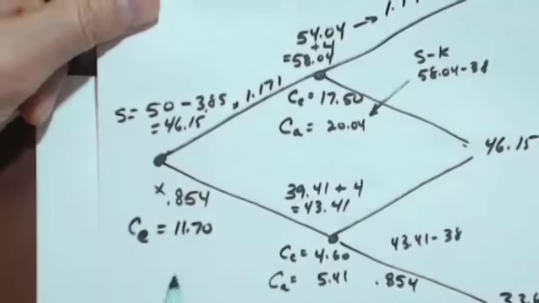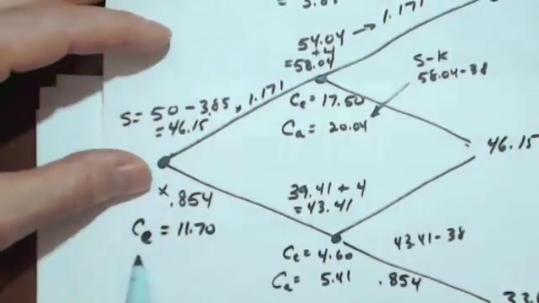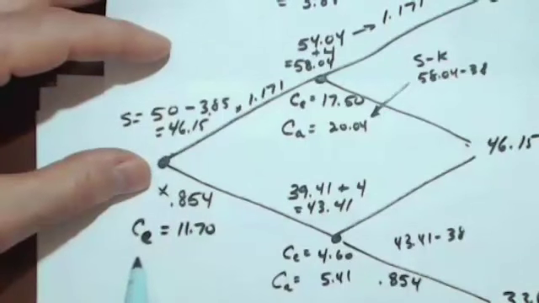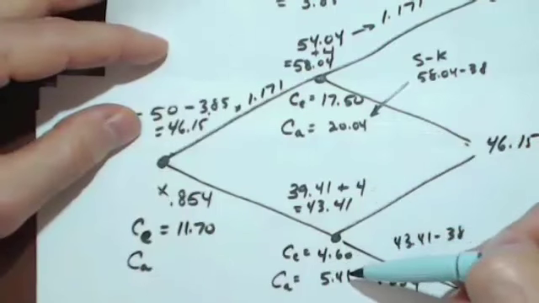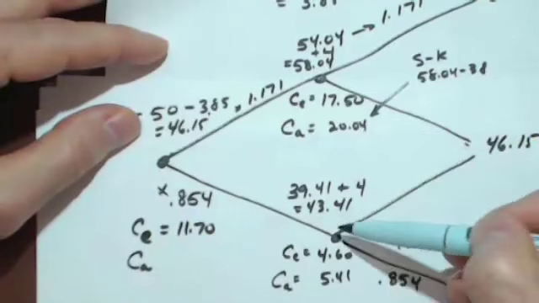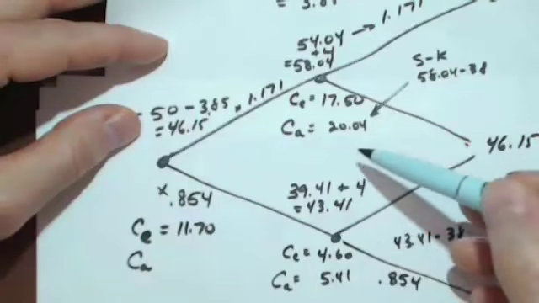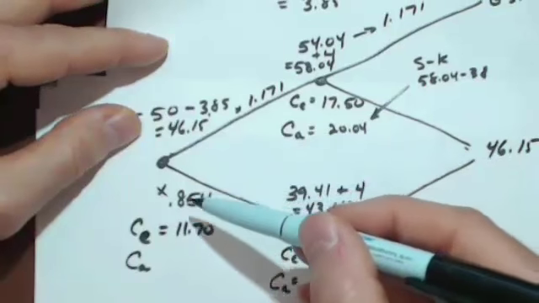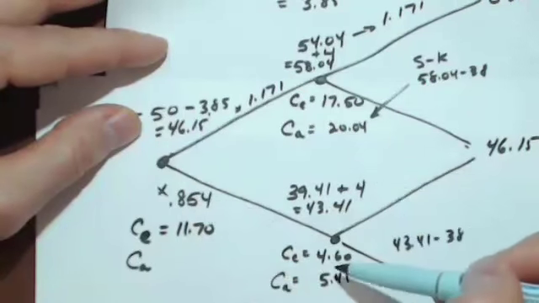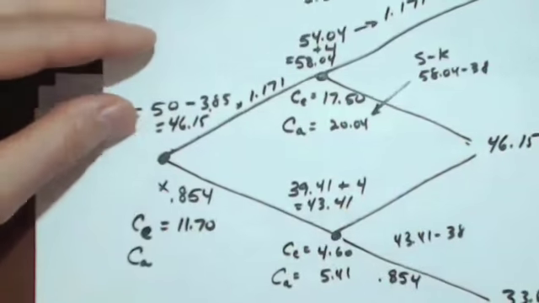Now what I want to do is I want to do two more things. I want to say, what is the value of the American call by discounting back the American call values? So I'm going to take the 5.41 and the $20.04, discount it back at 4%, the probability weighted average of that.